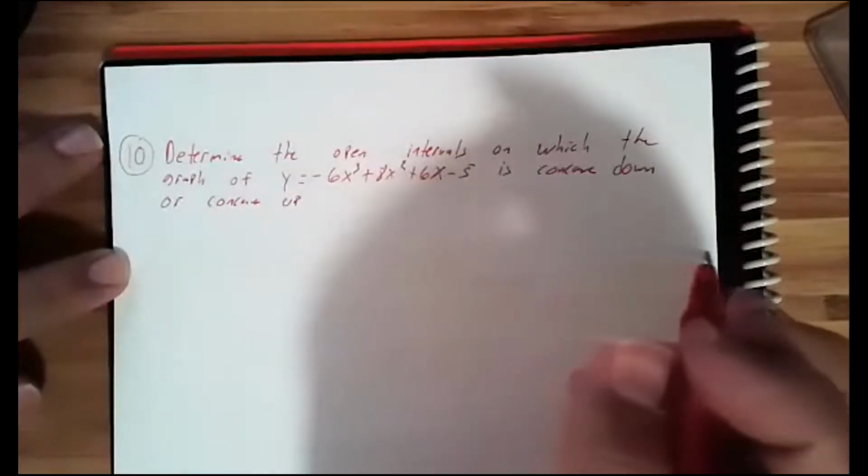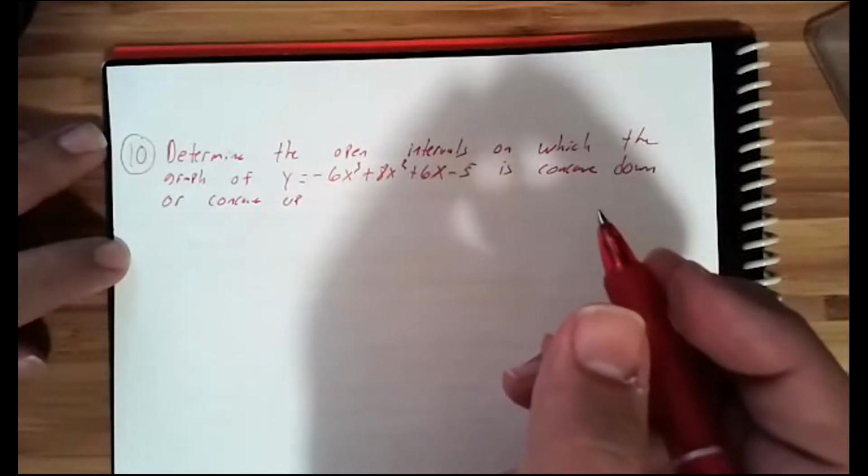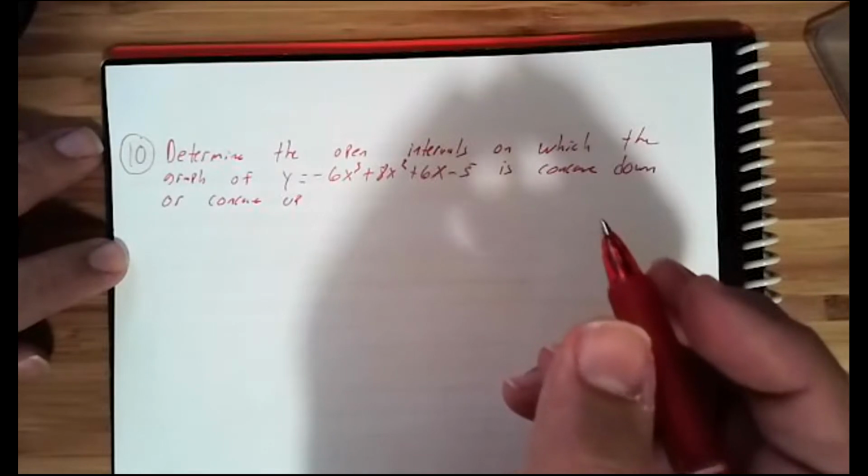So we're going to need the second derivative. But we're going to need the inflection points and the second derivative.